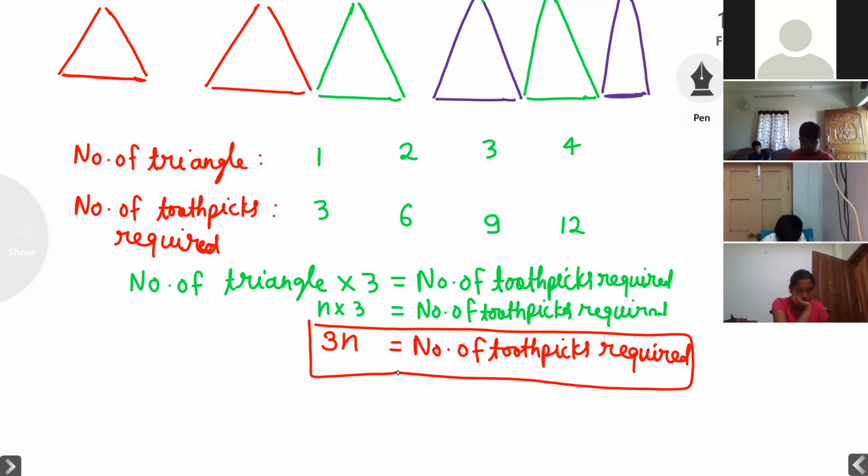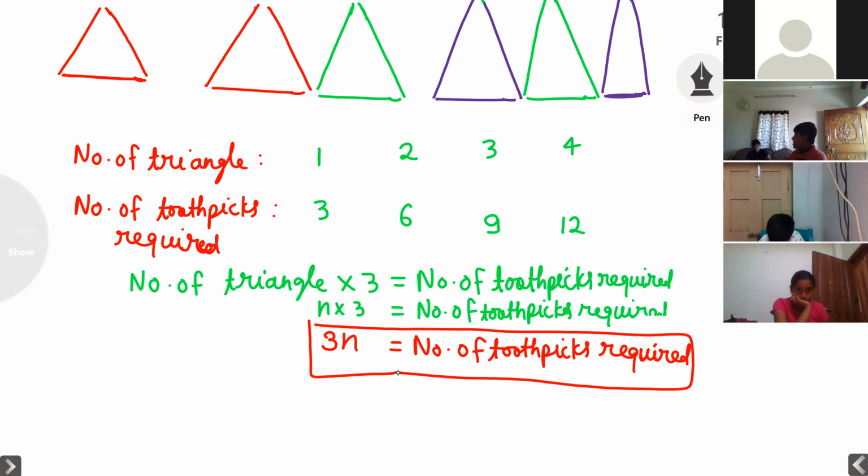Now observe the magic. Suppose I forgot all the toothpicks, everything. Now I want to draw one triangle. How many toothpicks are required? In place of n, I substitute 1. 3 into 1 means 3. 3n means 3 into n. Then 3 toothpicks are required. If I want to draw 2 triangles, in place of n, I substitute 2.